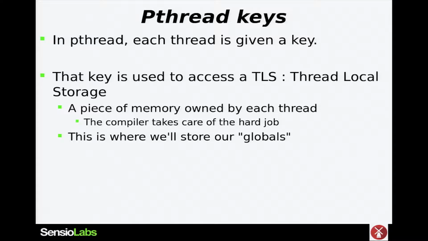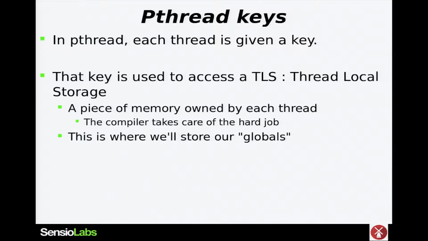In Pthread, each thread is given a key, and that key is used to access the TLS. TLS stands for Thread Local Storage, okay? Thread Local Storage is the piece of memory owned by each thread, and the compiler takes care of that for you. That's a wonderful technology which appeared after threads appeared. That's a little bit sad, but now we can use them.